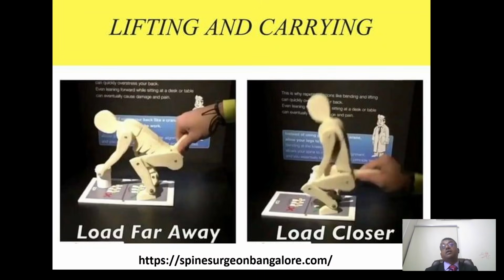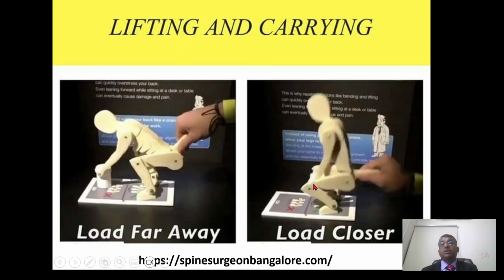The other important event in our life which can significantly alter the disc dynamics is lifting and carrying of weights. This image wonderfully illustrates the effect. What is the ideal way to lift weight? When we are lifting items away from our center of gravity, there is an additional center of gravity which acts and increases the forces across our spine.